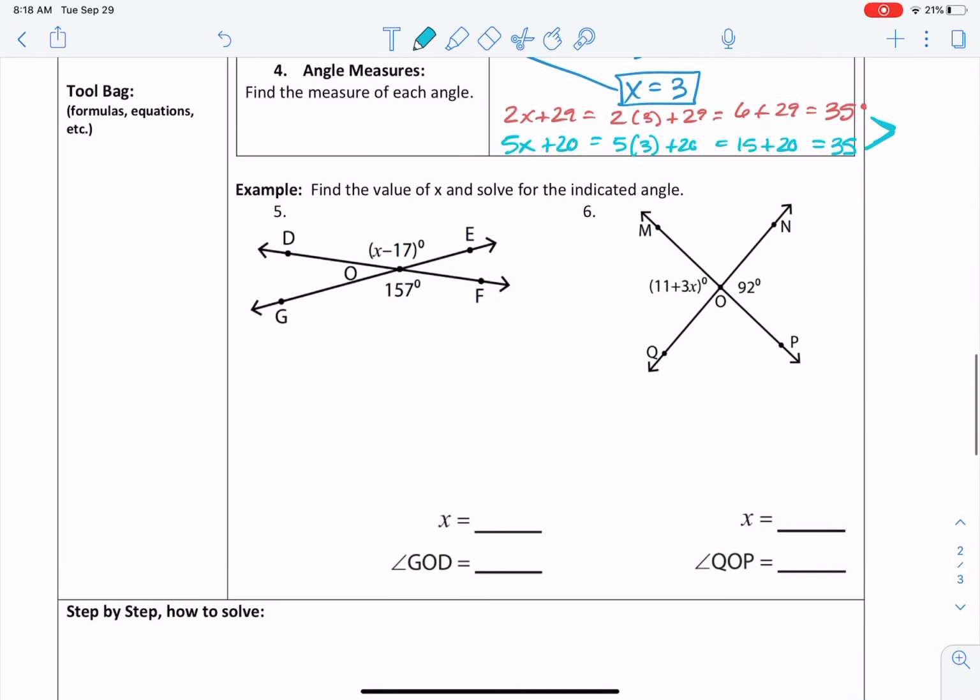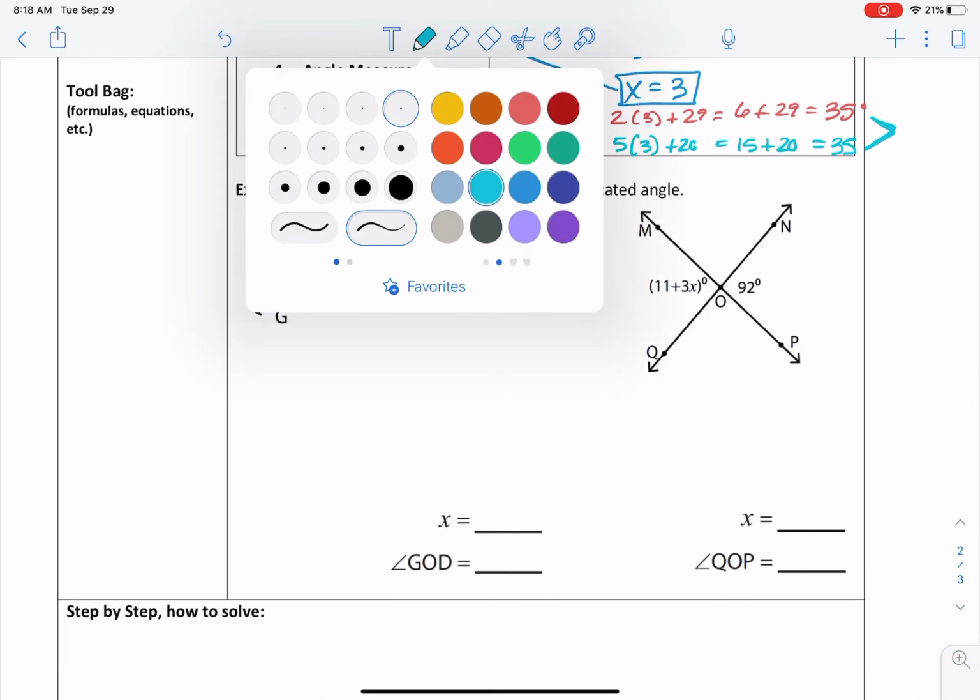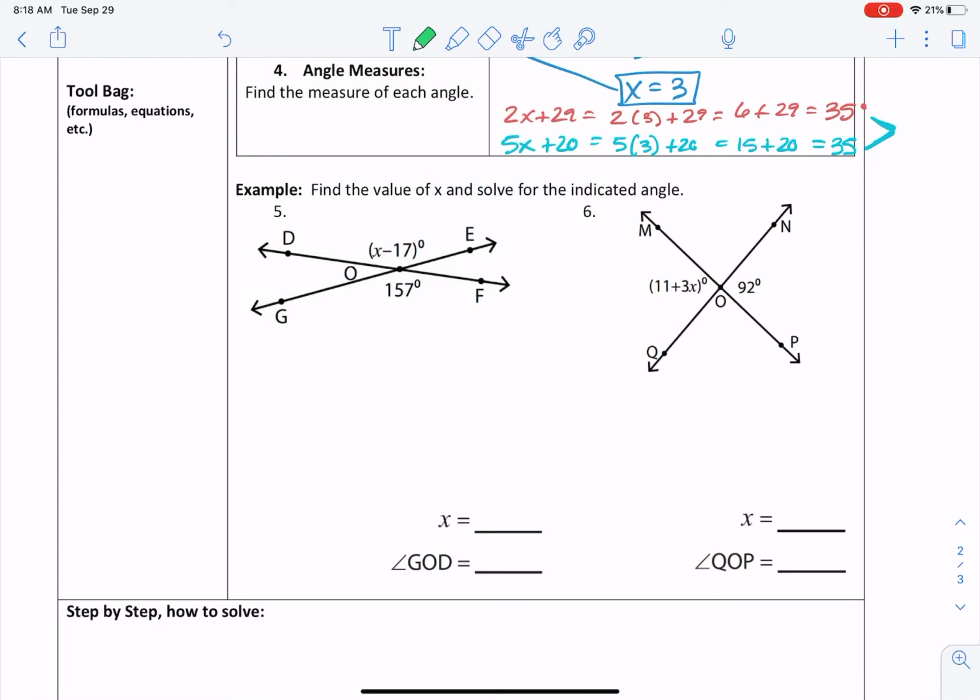So let's look at 2 more examples. So here's my vertical angle, and here's its pair. So our justification is vertical angles. Then our equation is that x minus 17 equals 157.